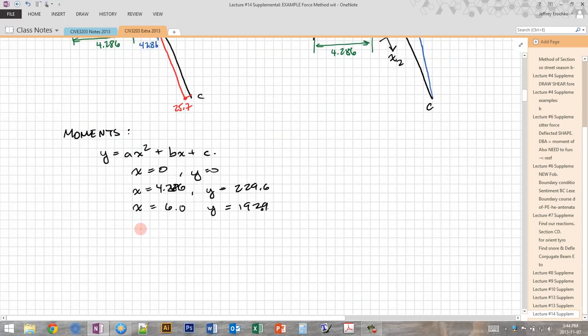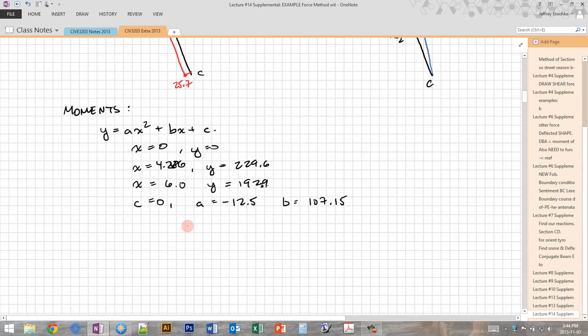So using those, we're going to find first that c equals 0, a equals negative 12.5, and b equals 107.15. So to find a and b, you have to solve a system of 2 simultaneous equations.